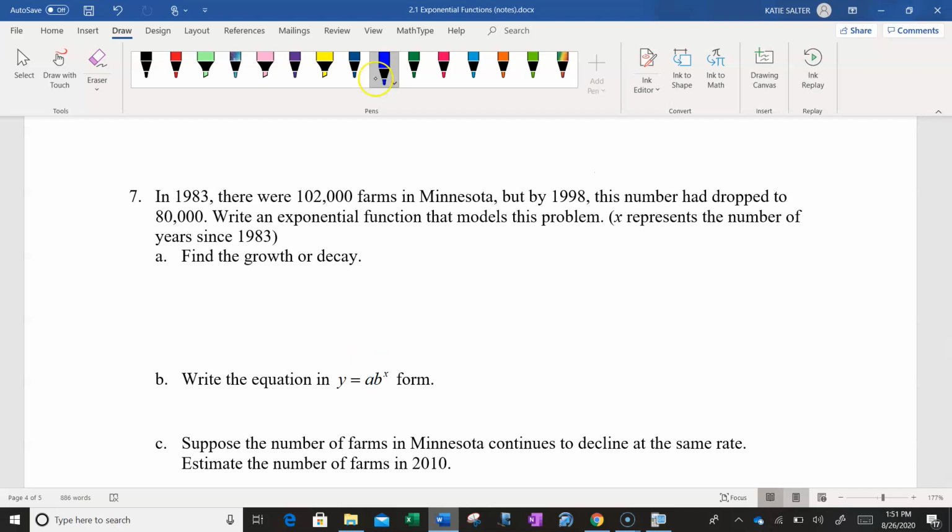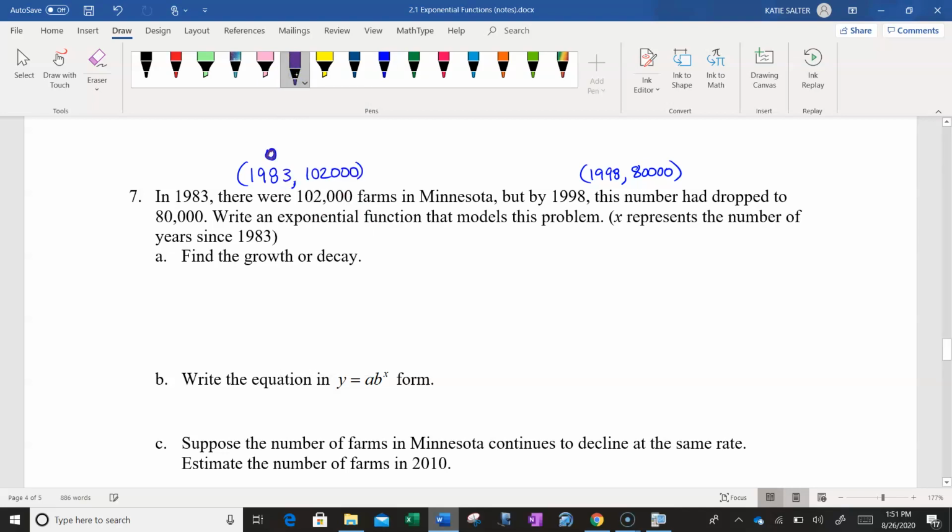What we know from the information given is that in 1983, there were 102,000 farms. But then by 1998, there were 80,000 farms. And since it says to let x represent the number of years since 1983, we're going to change that to the year 0.